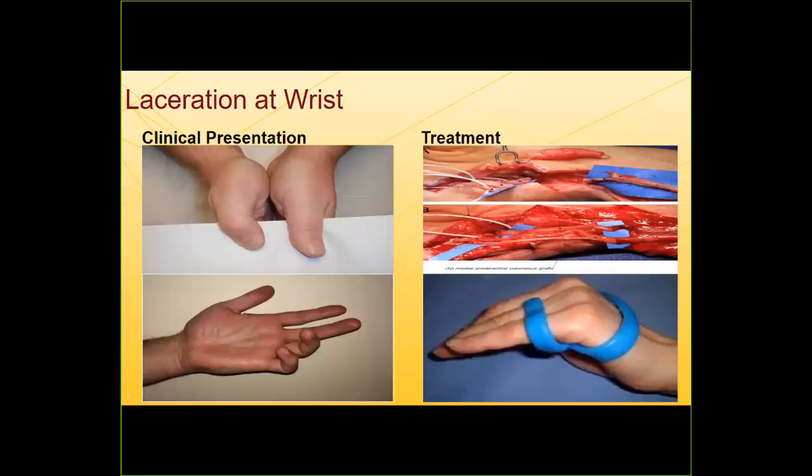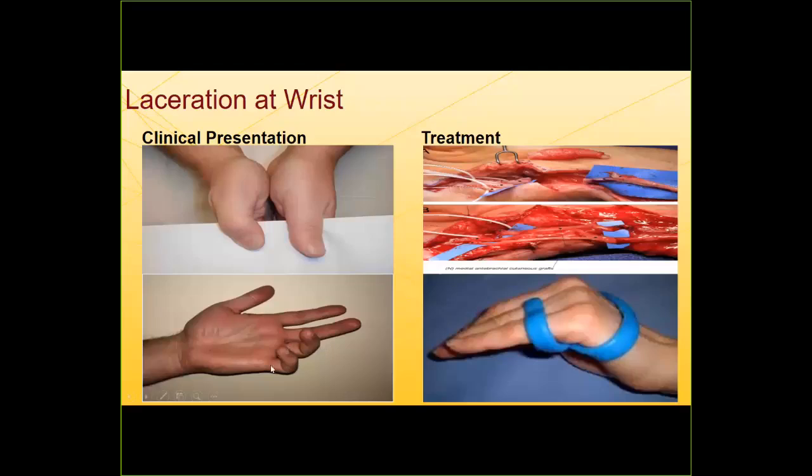Because it's not supplying the deep branches that supply those muscles. Right. The deep branch isn't sending its messages to the interossi or the lumbricals that tug on the extensor mechanism and cause the IP joints to extend. So this person can't extend their IP joints.